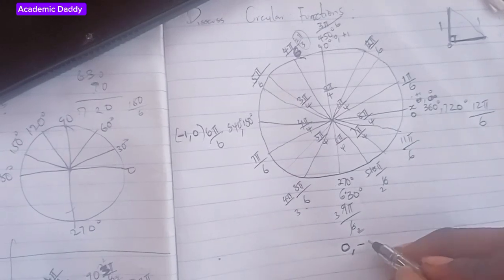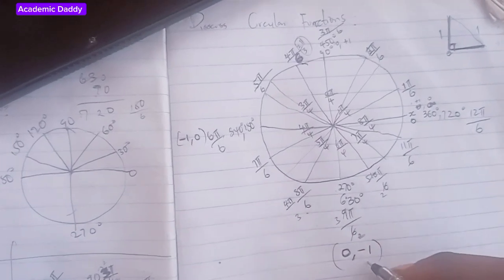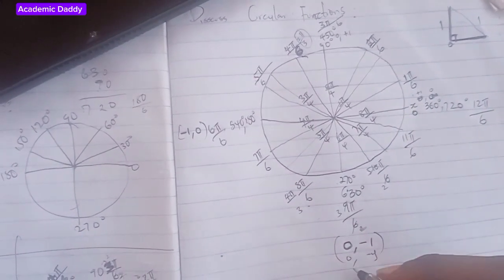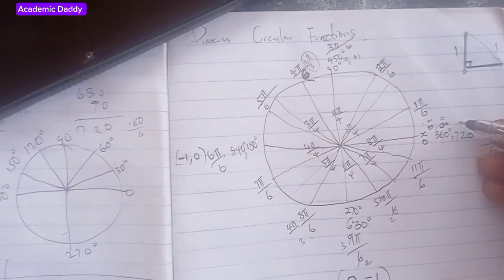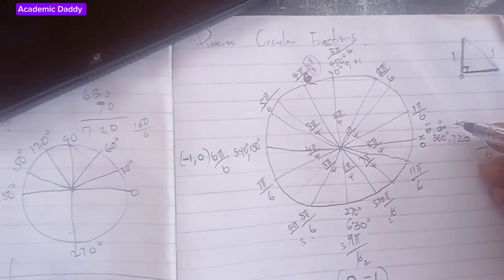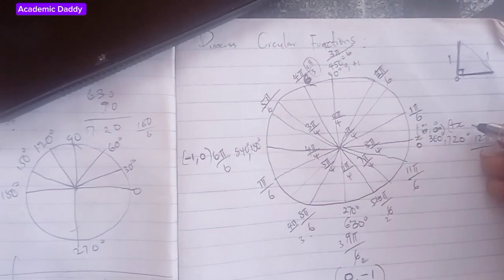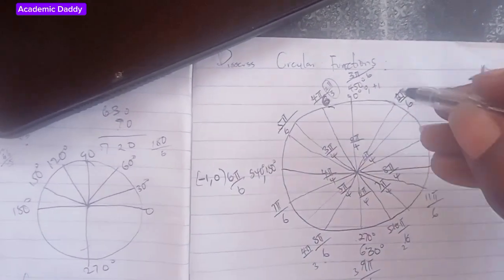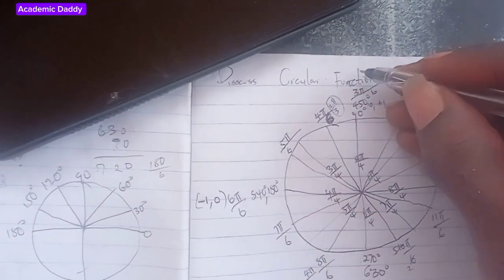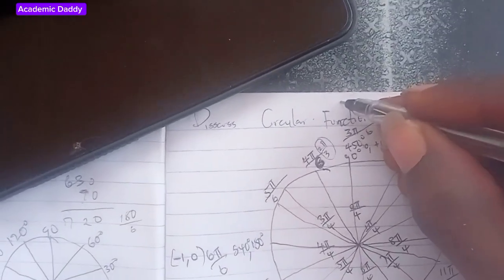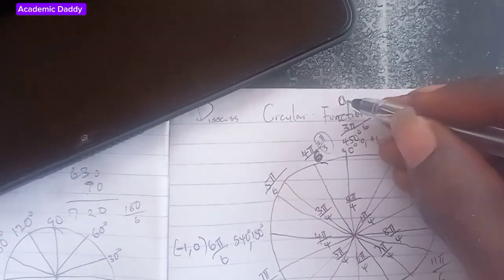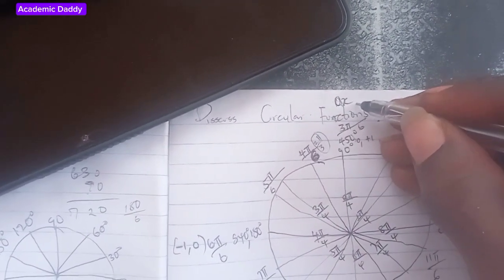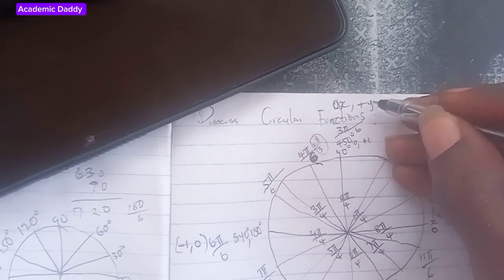Then you have minus 1 for y, or you see minus y, 0x. Then here plus x, no 0y. So here, up here is y, you have 0x, then plus y.